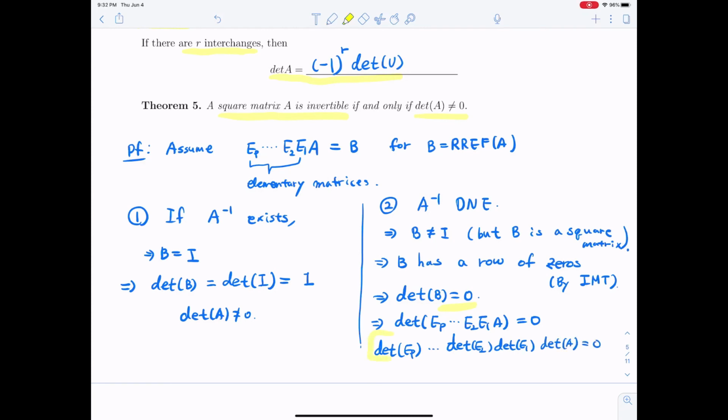But we know that the determinants of elementary matrices are not equal to 0, which gives you the determinant of A equals 0. So this proves Theorem 5 above, which states that a square matrix A is invertible if and only if the determinant of A is not equal to 0.